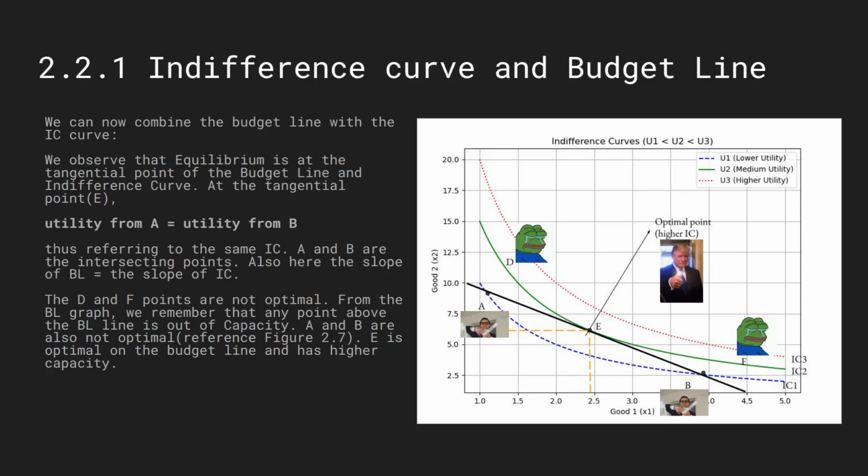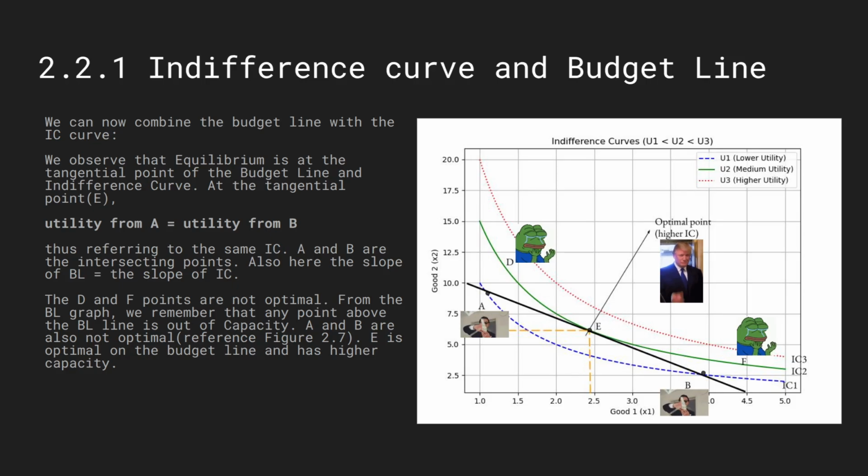Why are we saying that points A and B are not the optimal points, although point A and point B are on the same budget line? Because what we are trying to achieve here is maximizing our total utility, and these are total utility curves, as we know.